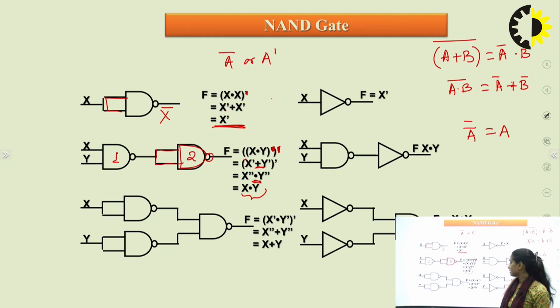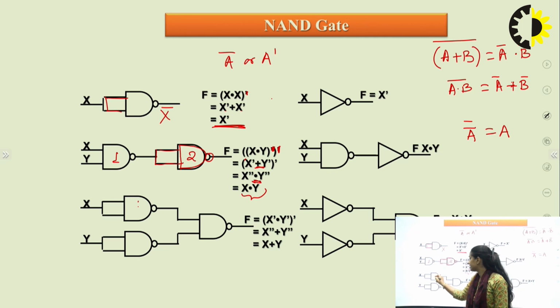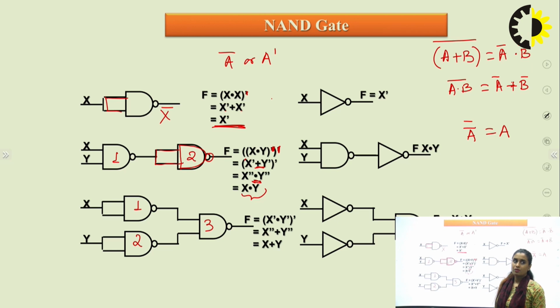Similarly, we can make an OR gate with the help of 3 NAND gates. How? To the first NAND gate, combine the input, and we get x bar from the first operation. Here we get y bar, and then x bar dot y bar whole bar, which will give you x plus y. This is how we get the OR output.